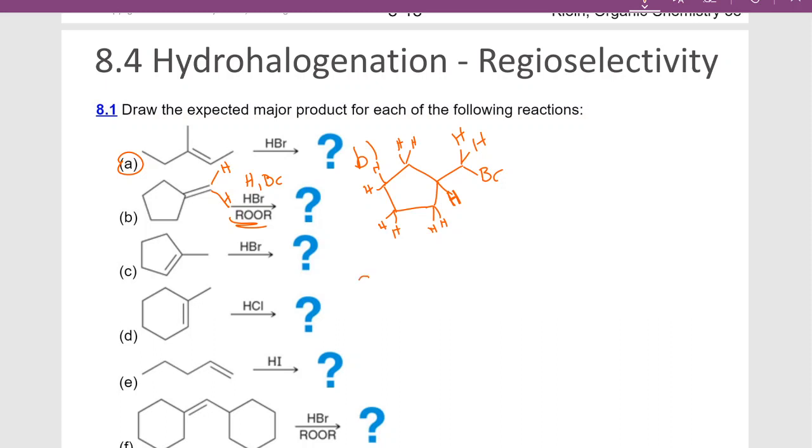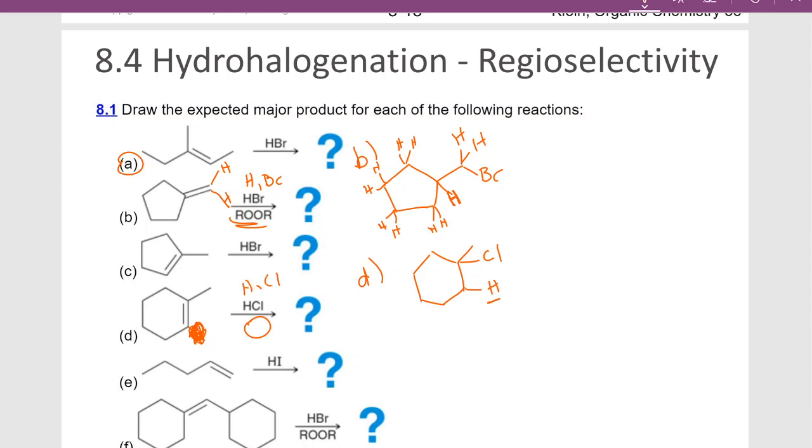All right, now for D, the product for D, over here we've got a hydrogen. We don't have any peroxide, and this is HCl anyway. So the chlorine goes to the more substituted side. The hydrogen goes to the less substituted side. I'm going to leave this hydrogen that I drew over here out. I'm just drawing in what we're adding. So we're adding H and Cl.